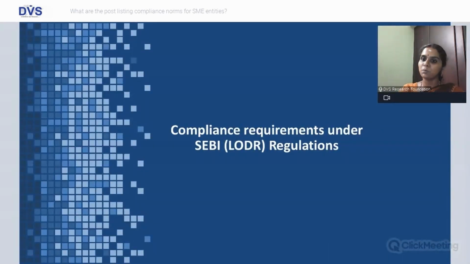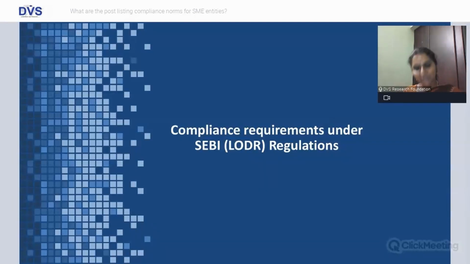And the various post-listing compliance requirements are broadly categorized into 2, mandatory and voluntary compliances. And mandatory is again only a bird's eye view here. You have to certainly go through LODR regulations and our specific webinar on LODR regulation to see what are the applicable governing statutes or rules for this SME platform, because almost all the corporate governance norms of the main board platform will be applicable to SME exchange.